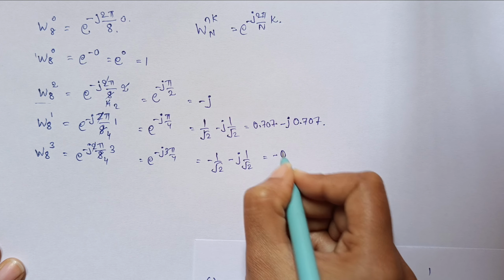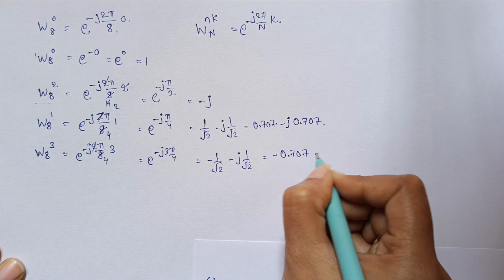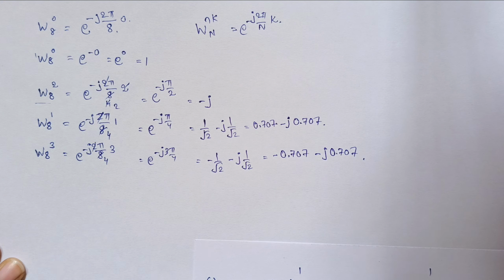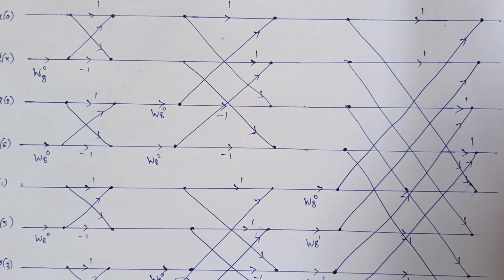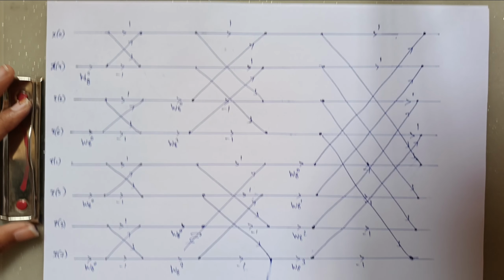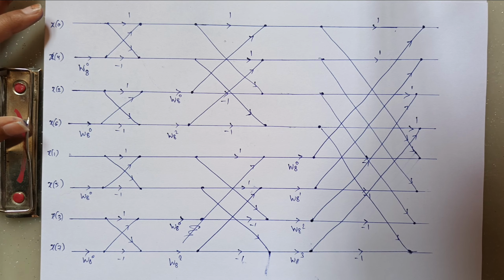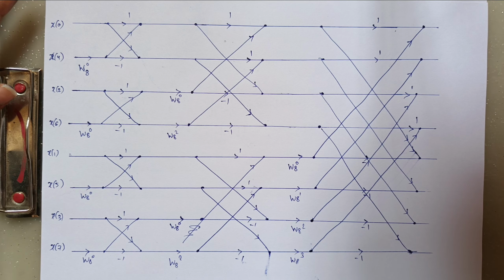So this will become minus 0.707 minus j 0.707. So these are all the values of W8 of 0, 1, 2 and 3. Now let's just zoom out a little bit so that you can see the entire paper. Here I need to take a different color pen. Let me take that first.